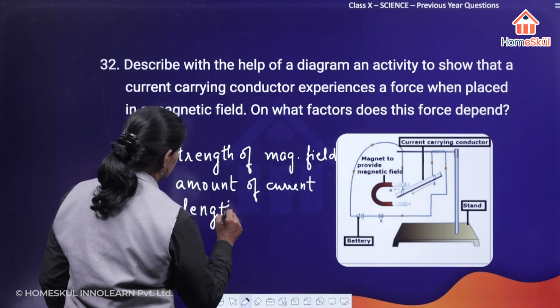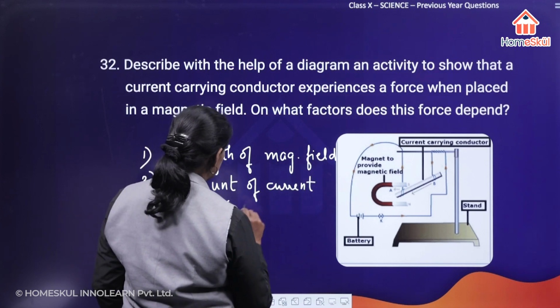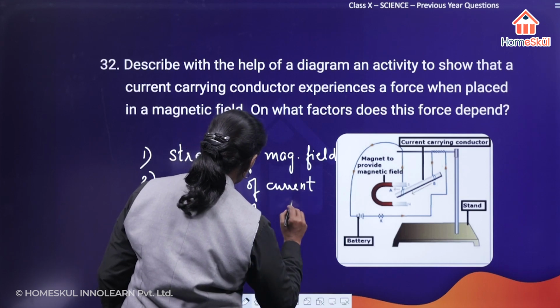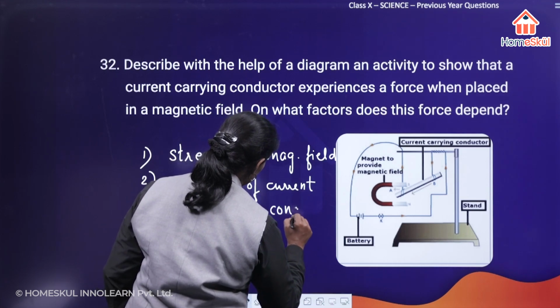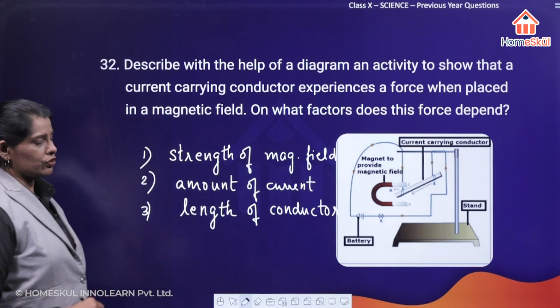So there are three factors on which the force acting on a current carrying conductor depends: the strength of the magnetic field, the amount of the current and the length of the conductor. So these are the factors as per the question.